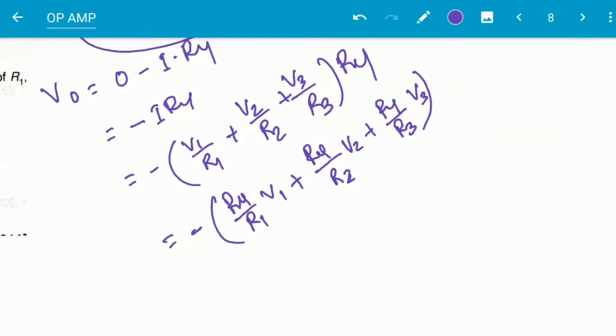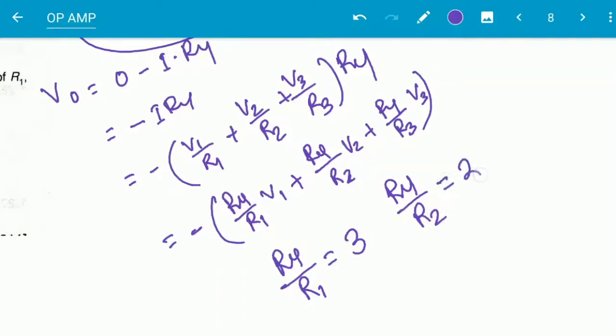So if we take magnitude, then R4 by R1 will be equal to 3, R4 by R2 will be equal to 2, and R4 by R3 will be equal to 7 as given in the question.